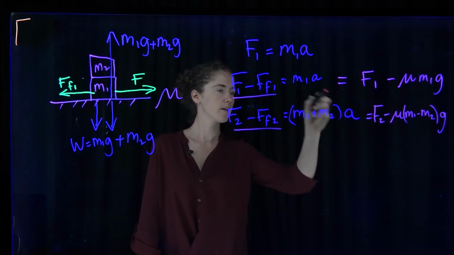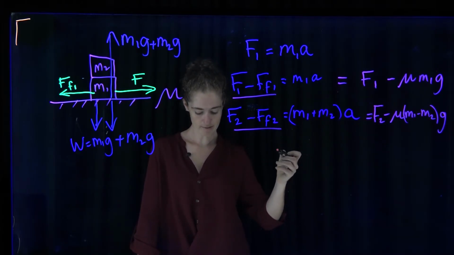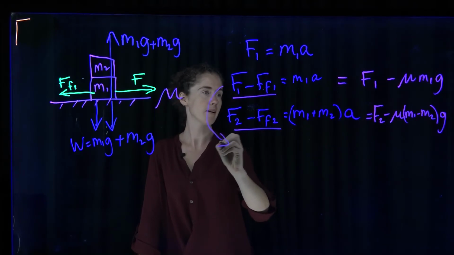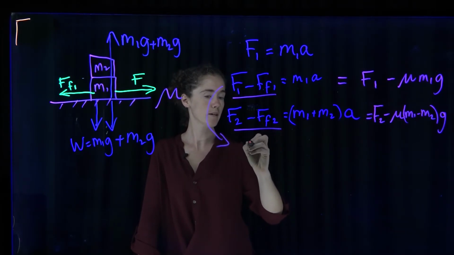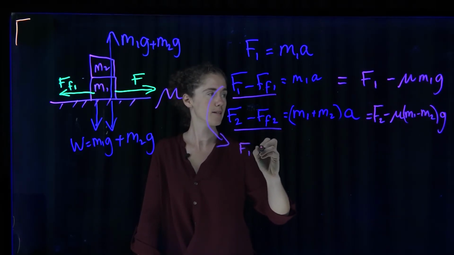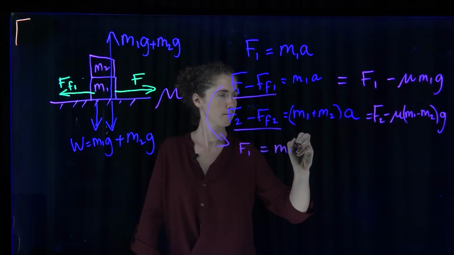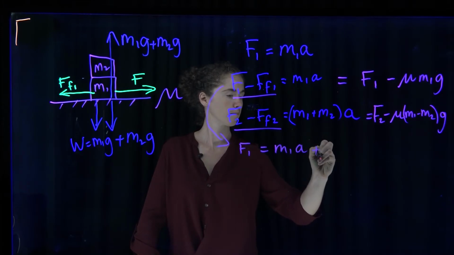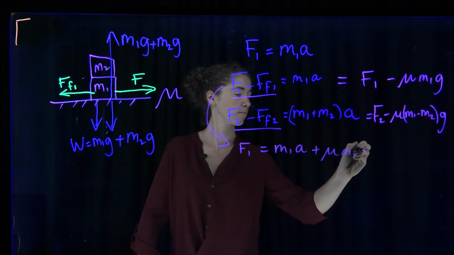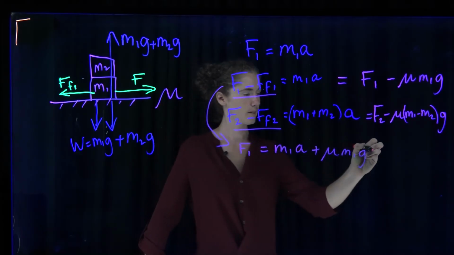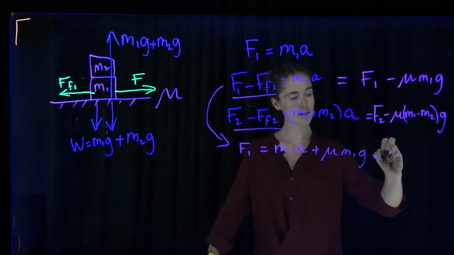And now we can rearrange and then have a look at our ratio. So let's start off by rearranging this one, equation 1, F1 is equal to, you can take M1 outside the brackets.